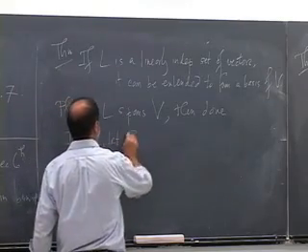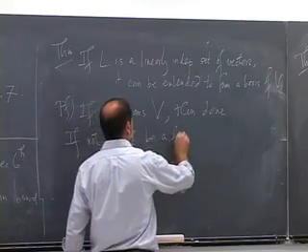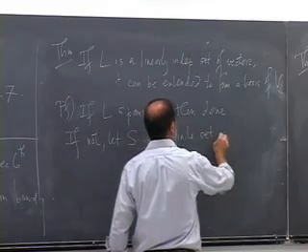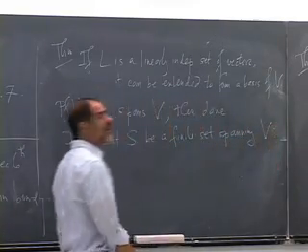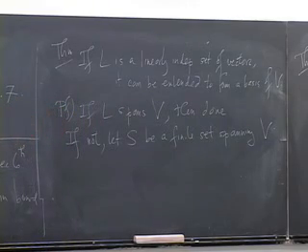let S be a finite set spanning V. Since V is finite dimensional, there is some finite set that spans it.